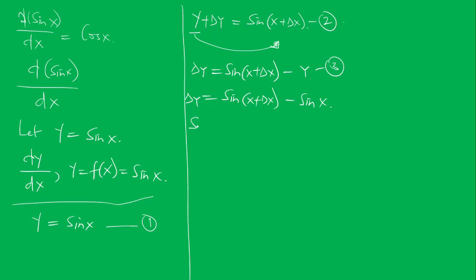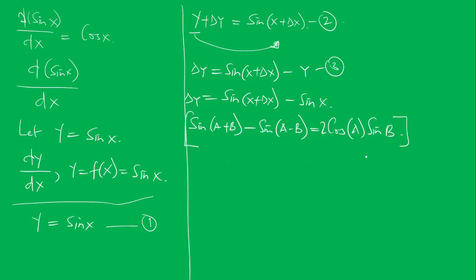When you have sine a plus b minus sine a minus b, this value is equal to 2 cos a sine b. So this expression is 2 cos a sine b.